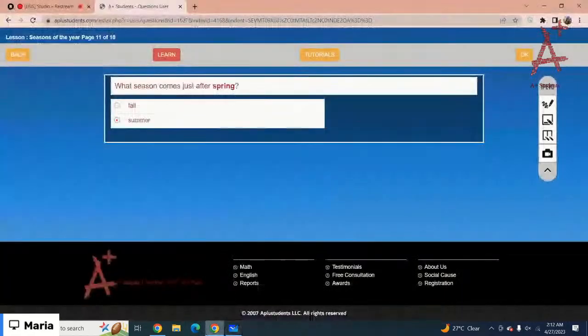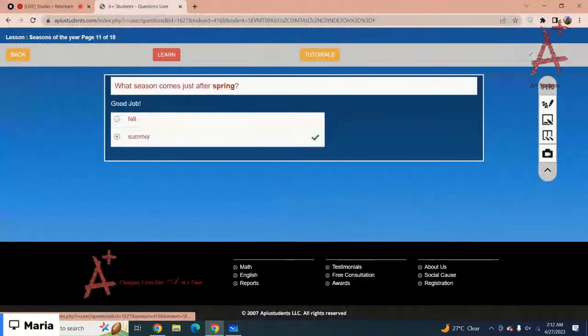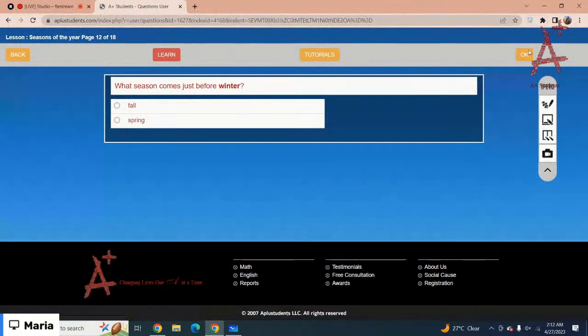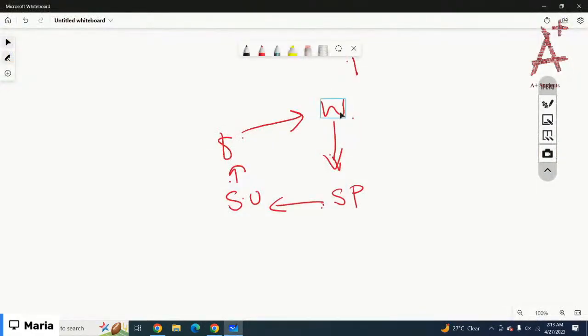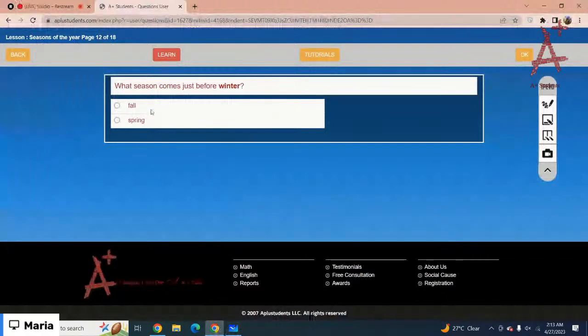So, right after spring, you have summer. Okay, what season comes just before winter? Which is the correct option? It would be fall before the winter. Here is winter, and before the winter, you have fall. So the correct option is fall.